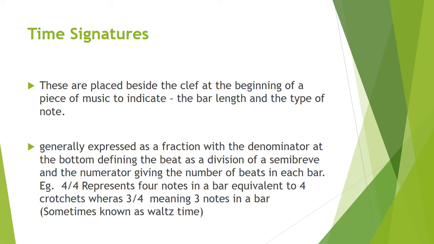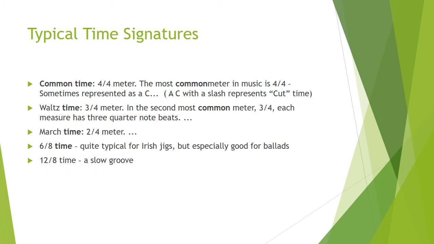So some typical examples are included here, like the 4/4 meter, waltz time 3/4, march time 2/4, and then we have a compound type that sounds like 6/8, which is often used in ballads, but also Irish jigs. And then a slower type of groove, used a lot in blues, our 12/8.